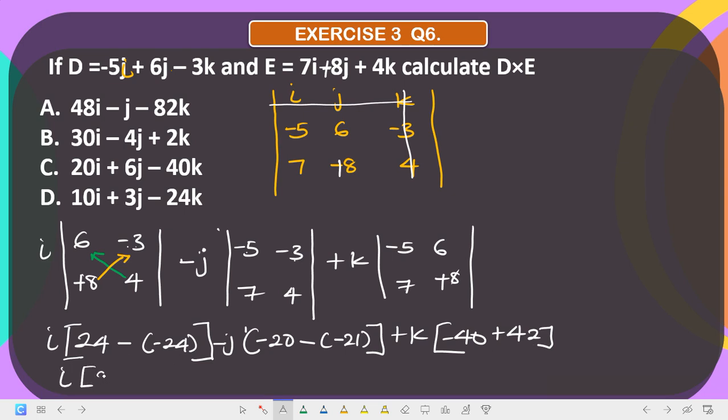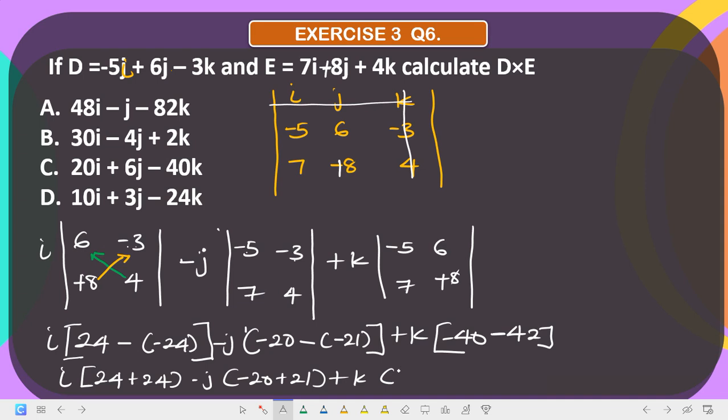I bracket 24 plus 24, minus J bracket minus 20 plus 21, plus K bracket minus, now another error here. I'm sorry. Okay, here it's supposed to be minus 42 because 7 times 6 is 42. Then you subtract normally from the middle.